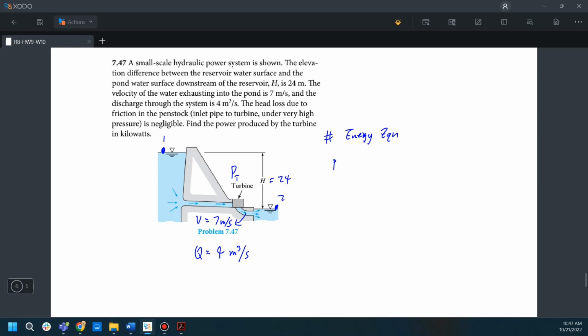Let's write down the equation. P1 over gamma plus V1 squared over 2g plus Z1 equal to P2 over gamma plus V2 squared over 2g plus Z2 plus head loss plus the turbine head.